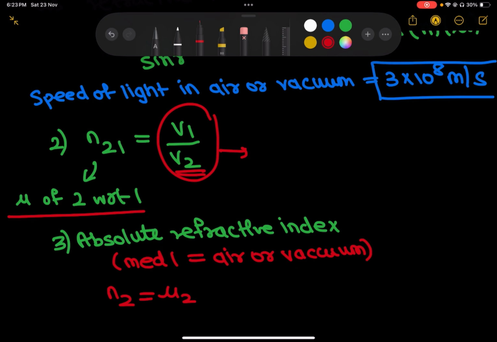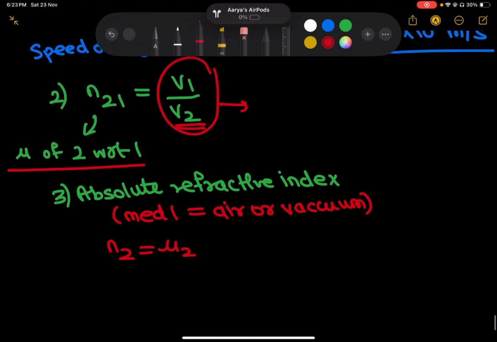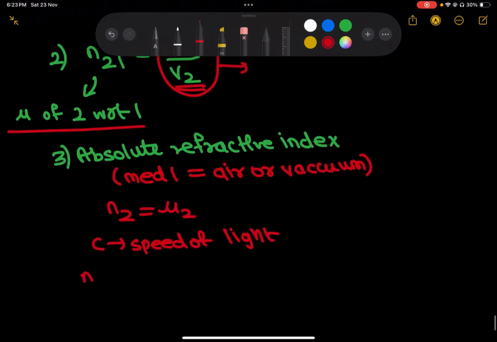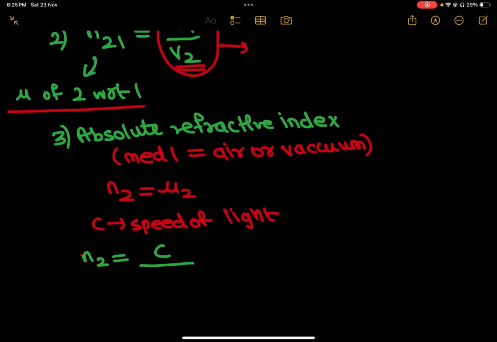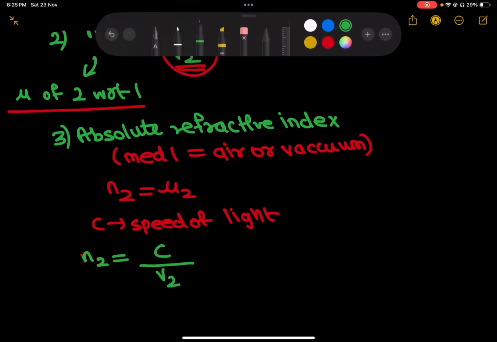So that means, for example, if c is the speed of light, then absolute refractive index N2 will be equal to speed of light in air, c, upon v2.